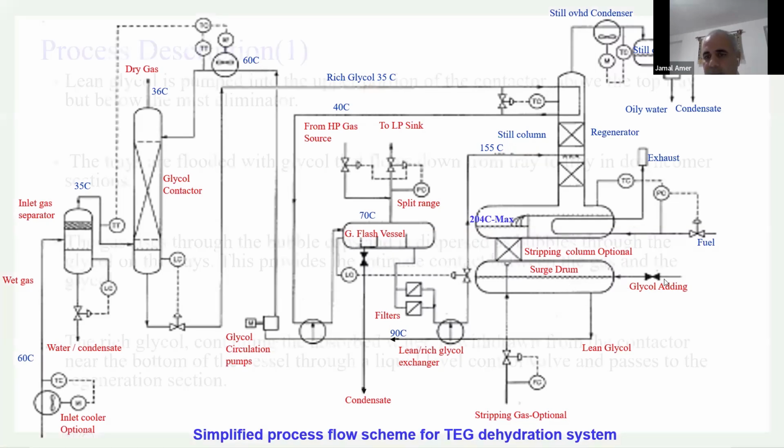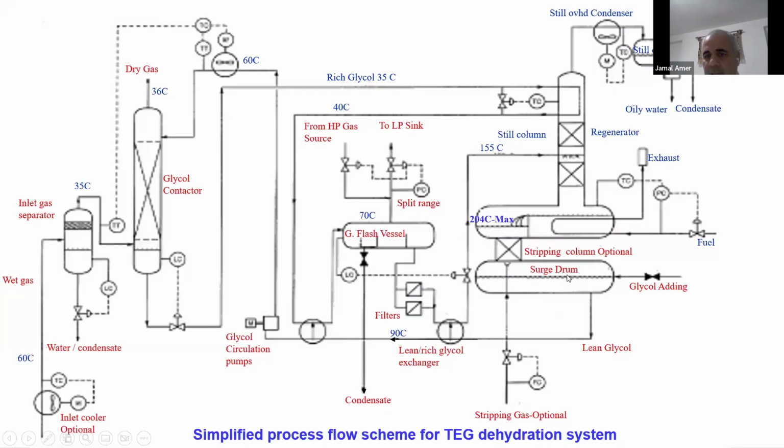Then the glycol, which became lean glycol, again will be sent to the system through the glycol circulation pump. So as we say, this is a closed loop for a continuous dehydration system for the gas.